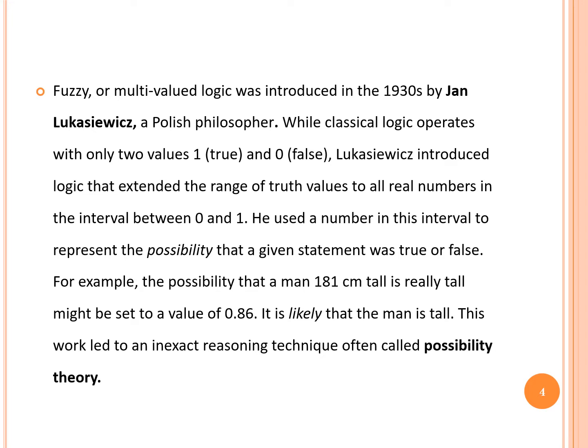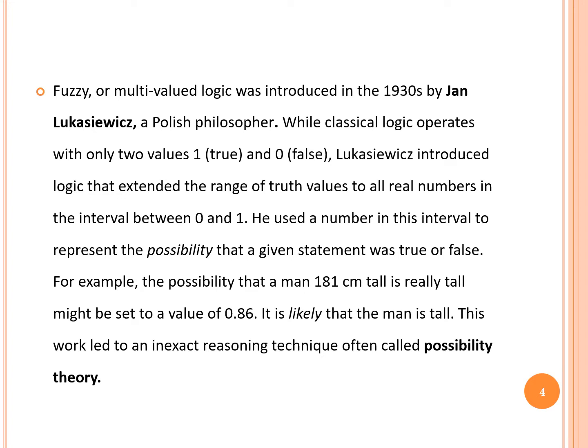Okay, fuzzy or multi-valued logic was introduced in the 1920s by Jan Lukasiewicz. This is the history. Actually, in the beginning it was not quite clear yet. He was a Polish philosopher.